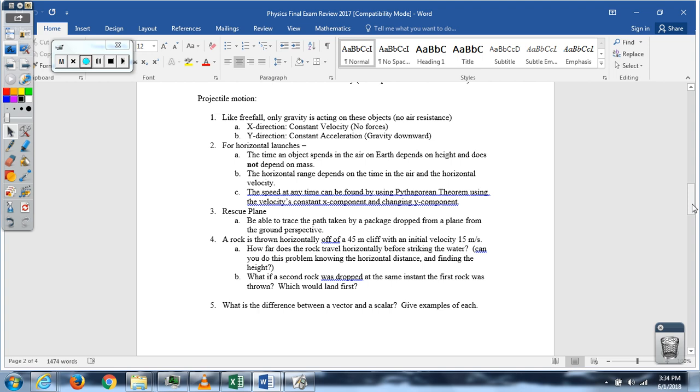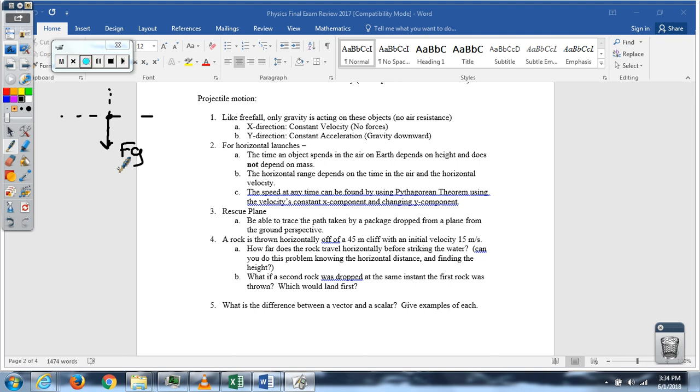All right, projectile motion. Like free fall, only gravity is acting on these objects. So we make the assumption that this is what being a projectile looks like via forces. We are ignoring the effects of any other forces except for gravity.